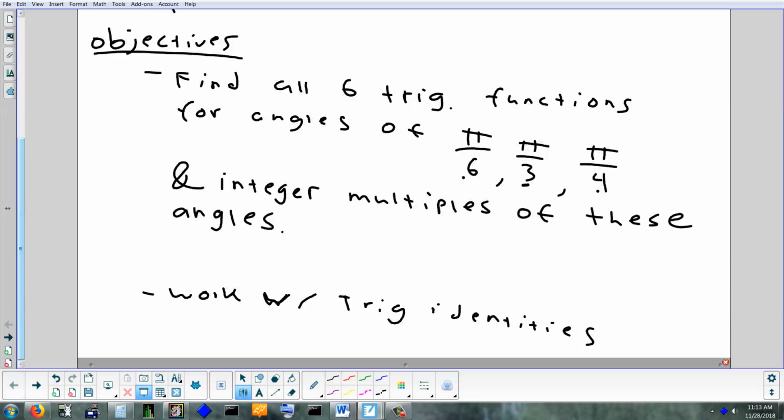Okay, and then we have a little bit of time at the end, and we might have to finish this part up tomorrow. We're going to work with trig identities a little bit. Think of it in terms of a meal: this is like an appetizer for trig identities. We're going to spend a whole week on them at some point. So at first, they're different.